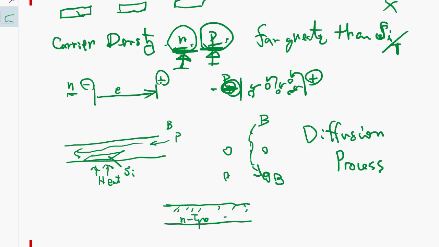Then later we diffuse P-type impurity, right? So we diffuse up to here. So there is the impurity boundary where this side is all P-type and this side is N-type.